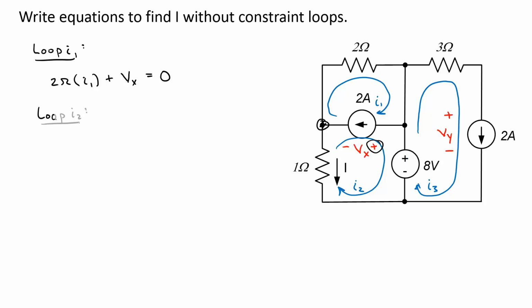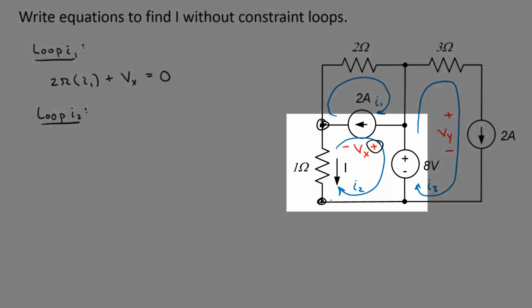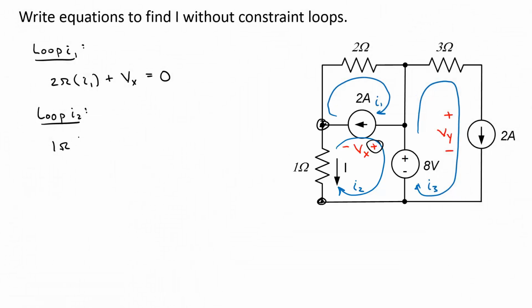Loop I2, if I start down here in this lower left-hand corner, I see the 1 ohm resistor. The voltage across the 1 ohm resistor is its resistance times the sum of the mesh currents, which is just I2. Now I see the negative terminal on V sub x next, so I subtract off V sub x. Coming around here, I see the positive terminal on the 8 volt source, so I add 8 volts.